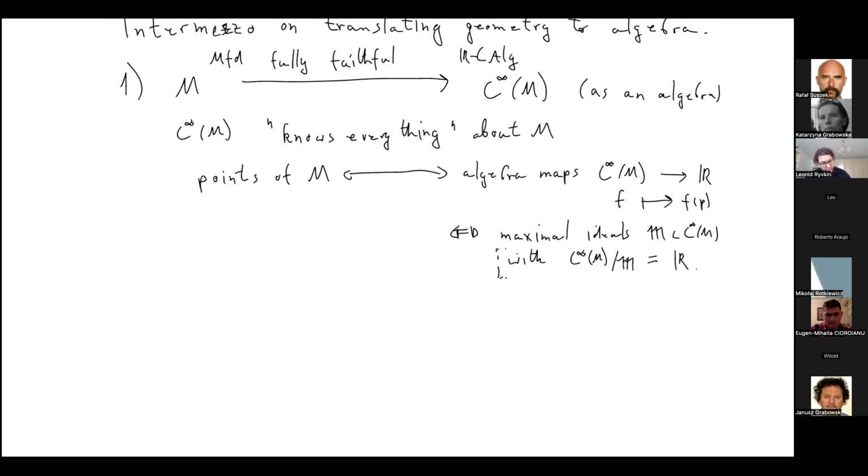Okay, so the first thing was translating a manifold. The second one will be about translating vector bundles. When we have a vector bundle E over M, we look at it instead as its sections, gamma E, as a C infinity M module.